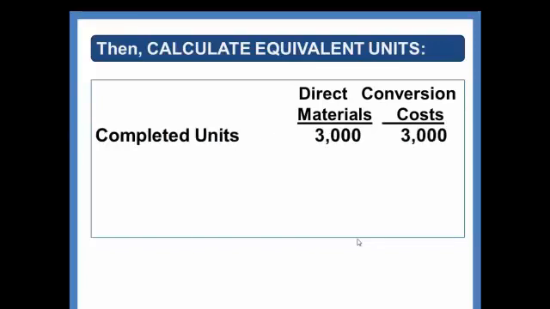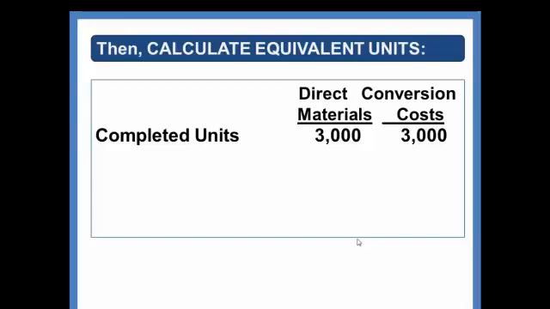So we know that we completed 3,000 units, and by definition, these are 100% complete. So we'll put 3,000 in each column because each one of these 3,000 units needs direct materials, direct labor, and overhead cost assigned to it.